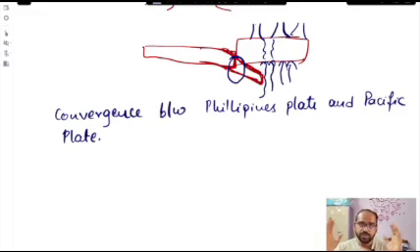So due to convergence of the Pacific and Philippines plate, there is a series of islands formed over there, right? Java, Sumatra, Brunei, Philippines, Fiji, Caroline Islands, and Mariana Trench, Java Trench, Japanese Islands. Okay, this is about ocean convergence.